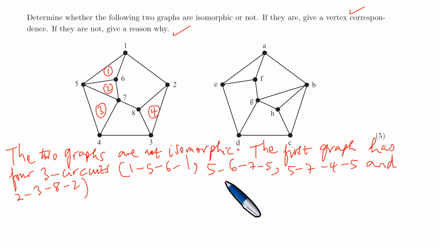So we can easily see the first graph has four 3-cycles. It's easier to see: there is one here, two there, three there. That is enough to say the two graphs are therefore not isomorphic.